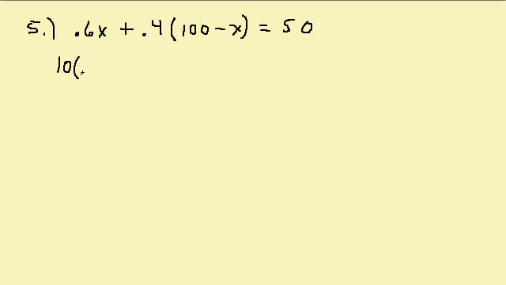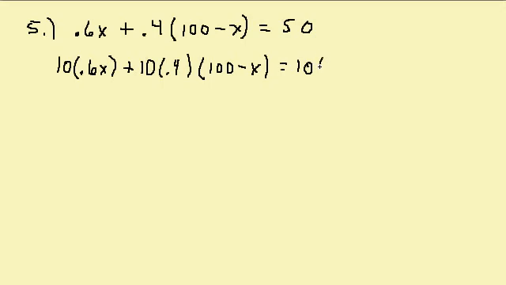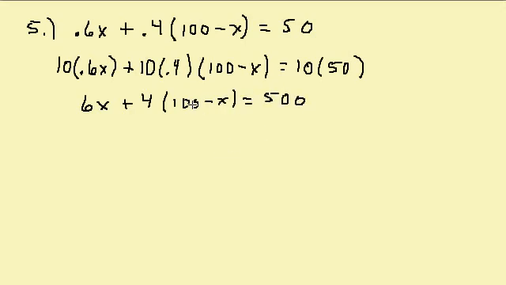So I get 10 times 0.6x plus 10 times 0.4 times (100 minus x) equals 10 times 50. So that gives me 6x plus 4 times (100 minus x), and that equals 500.